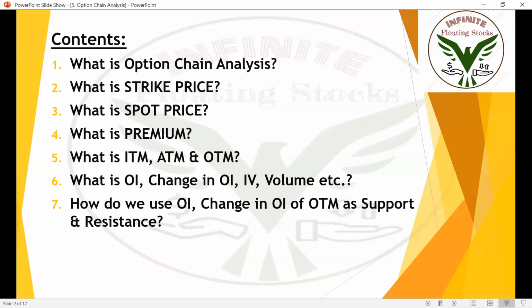Also, let's talk about how we use OI and change in OI of OTMs as support and resistance. So these are all the contents for today's session.